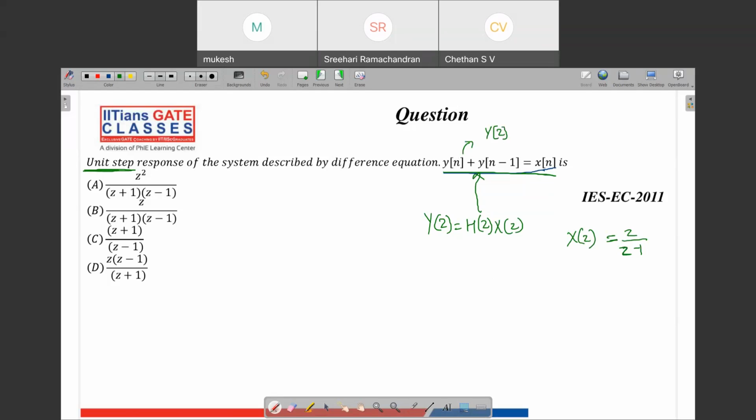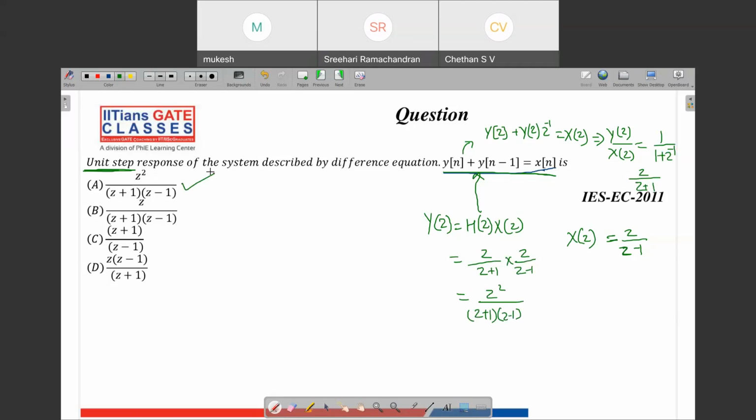So it becomes Y of z plus Y of z z inverse is equal to X of z, or you can write Y of z by X of z is equal to 1 upon 1 plus z inverse. Now this one you can also write as z upon z plus 1. Let's multiply this z upon z plus 1 by z upon z minus 1, or you can write it as z square divided by (z plus 1)(z minus 1). So this will be the correct answer.